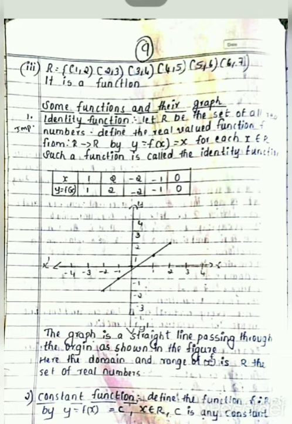Same, y is equal to x means if you give x is equal to 1, y becomes 1. If you give x is equal to 2, y becomes 2. Similarly, the negative values. And mark the points on the graph.